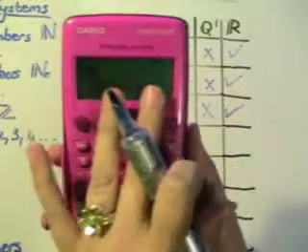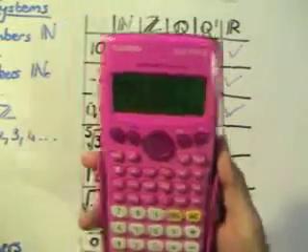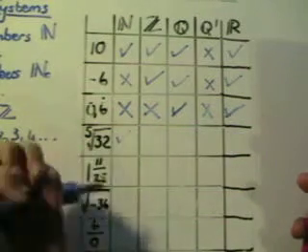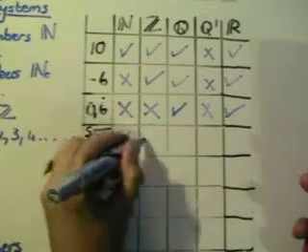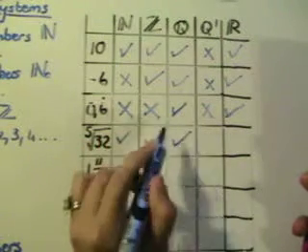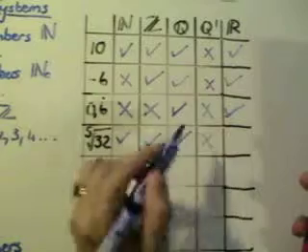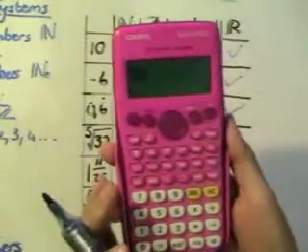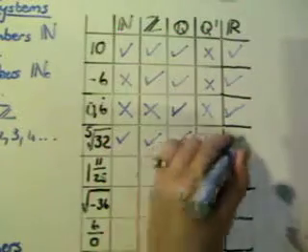It's 2 exactly, and you can see it stops, so I know it's rational already. Now 2 is a natural number, it is an integer, it is rational because it stops. It's not irrational because it does not continue, it stops, and then I got an answer, so this is real.